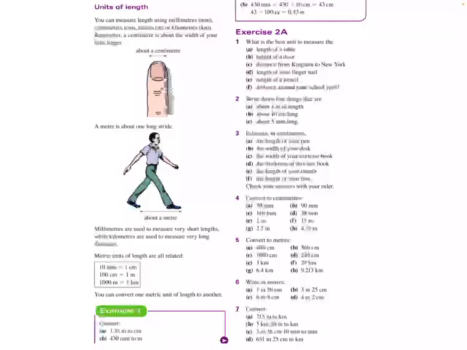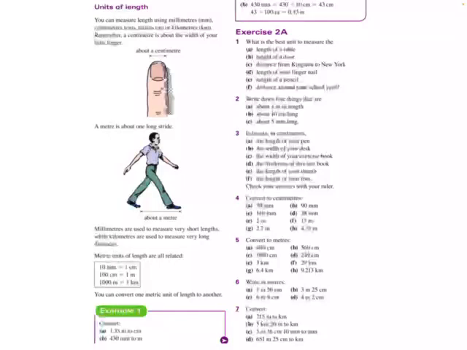So length, units of length. We have to define the length. When we say length, it has a beginning and it has an end.